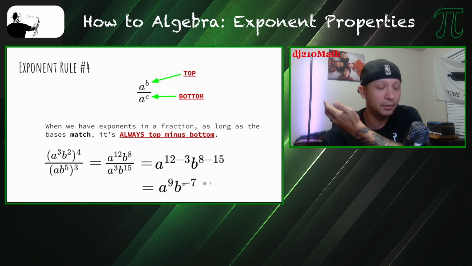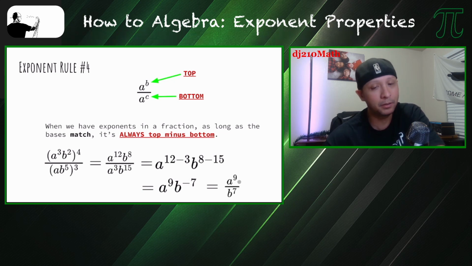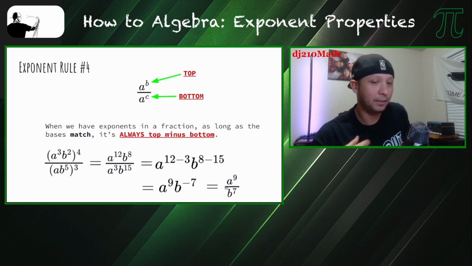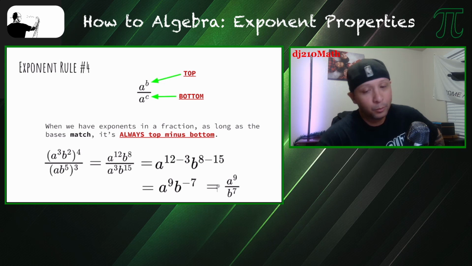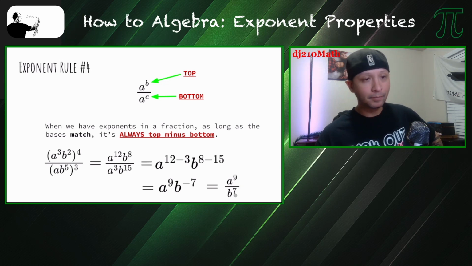Taking into account the note that we just had where we don't like negative exponents, this negative 7 will in fact move into the denominator. So any negative exponent basically moves into the denominator. That's a rule that's coming up here in a moment, so just keep that in mind.